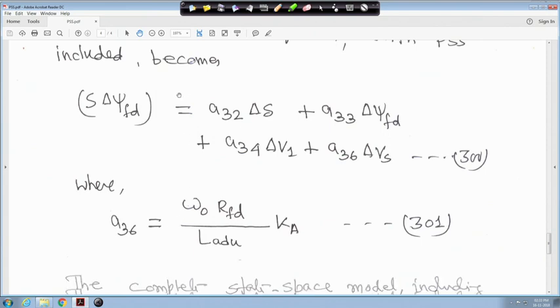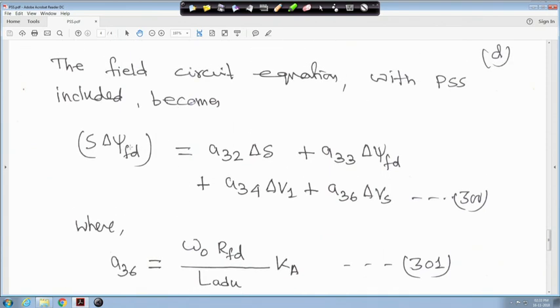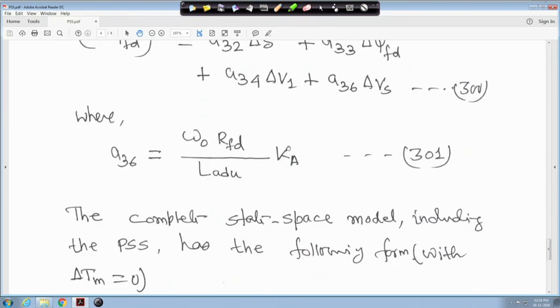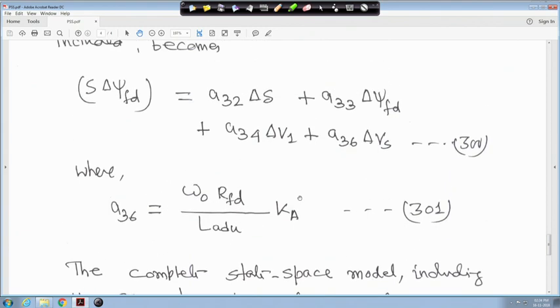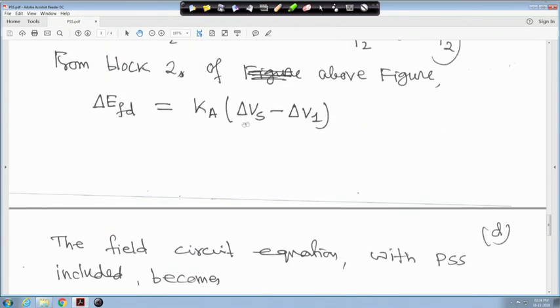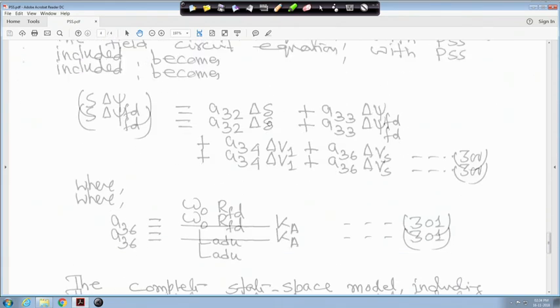And this one again, please go back to the state variable equation. s delta psi FD means delta psi FD dot, is equal to this expression, this is equation 300, right, and A36 is equal to omega 0 RFD upon LADU into K. You just have to modify those equations because delta EFD is equal to this much, right.